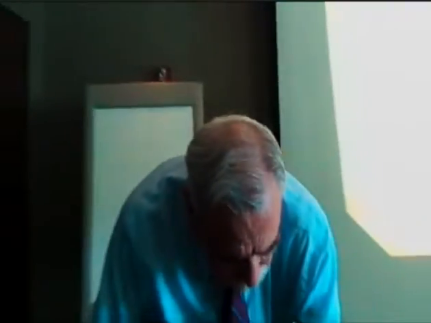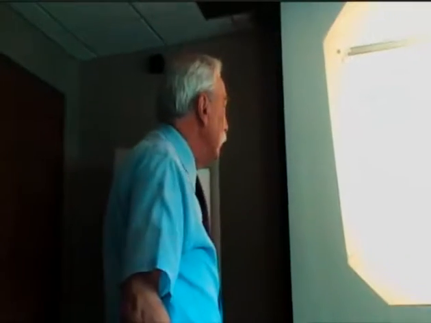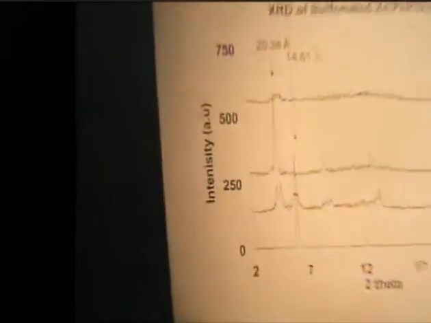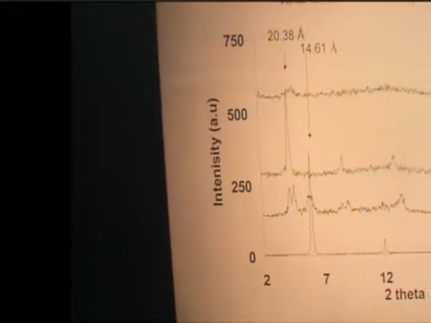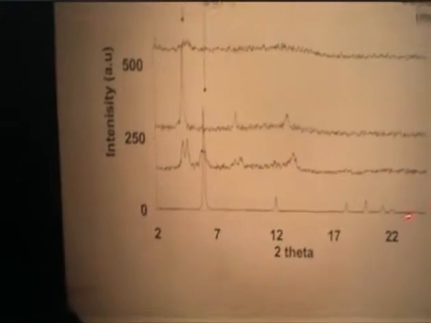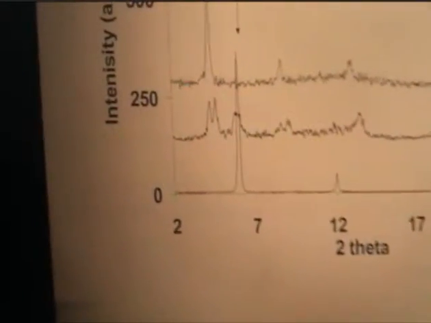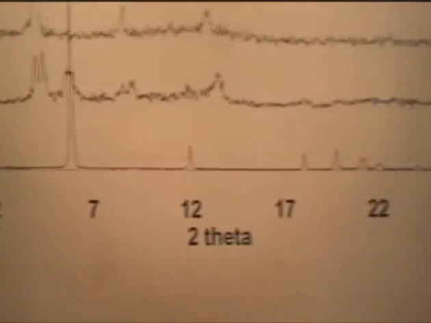We can put more than one sulfonic acid group into a phenyl ring, okay? That's the distance between your zirconium layers of 14 and 20? Yes. You can see this is the compound without sulfonation. And you can see we have a few reflections, but it dies out. We're only at 22 degrees and it dies out pretty quickly, all right?